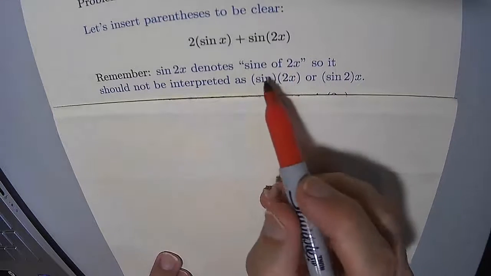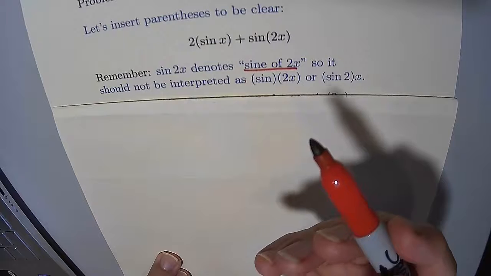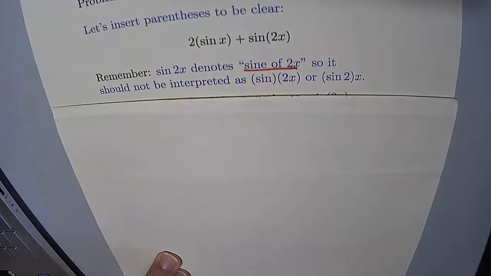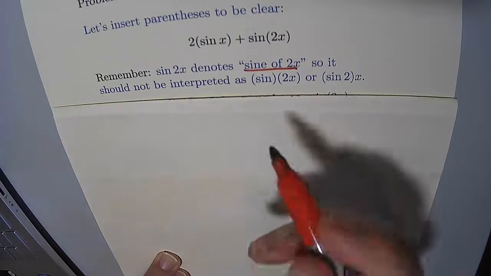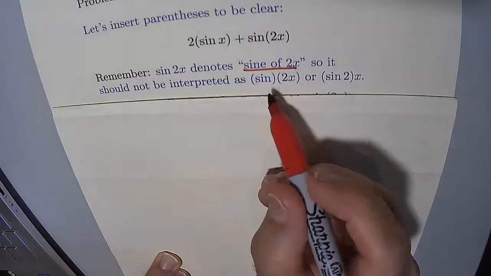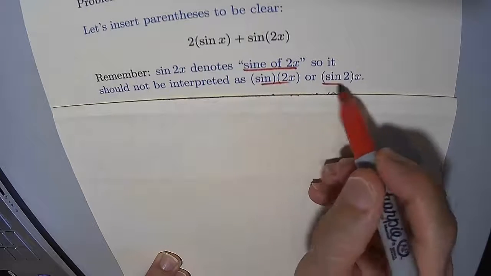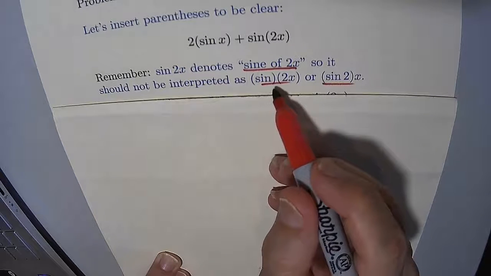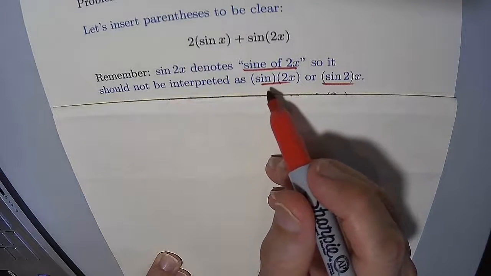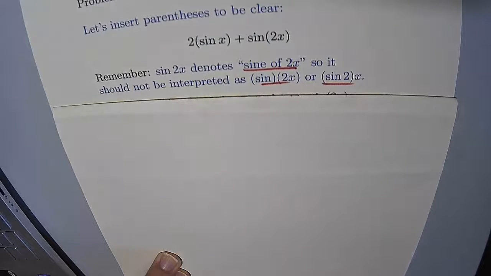Sine of 2x is the function that evaluates the sine at 2x. It shouldn't be interpreted in one of these forms. This is meaningless. There is no mathematical meaning for it.